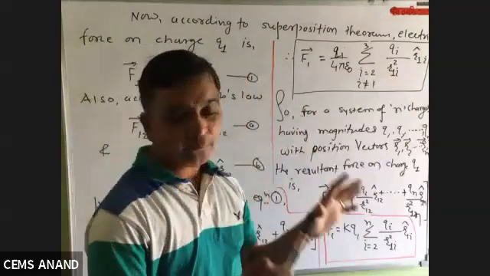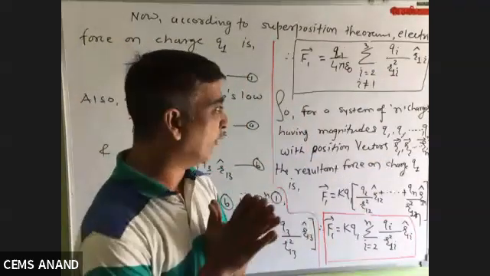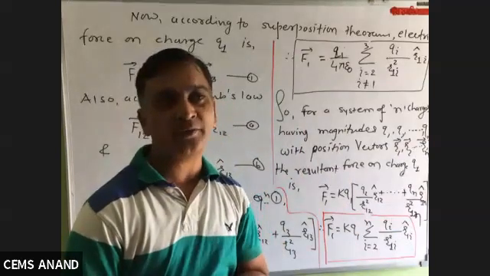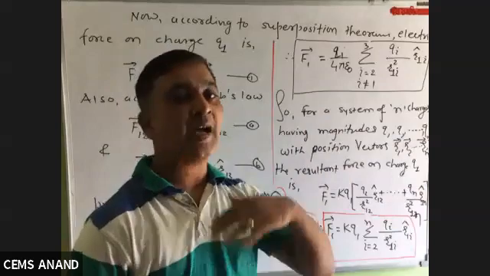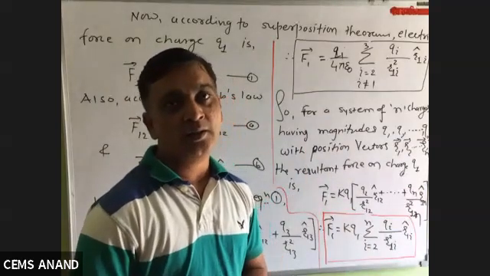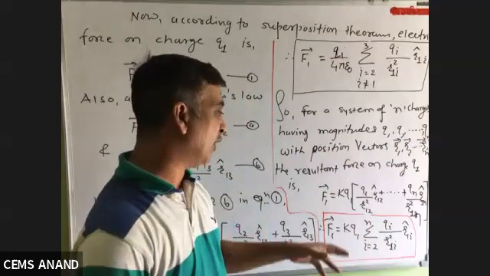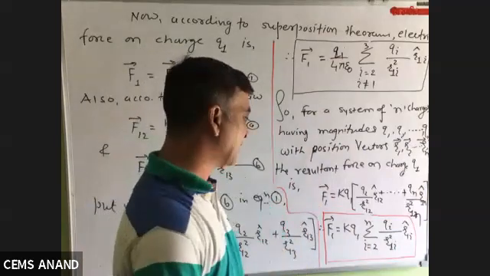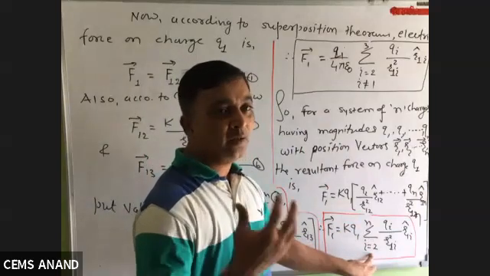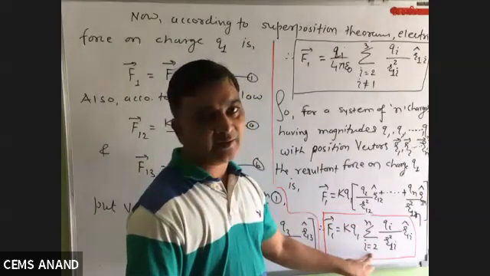Now, if we are given a system of small n charges with different magnitudes Q1 up to Qn and the respective position vectors R1 up to Rn, then we can write the total electrical force exerted on any one charge Q1 as F1 equals K Q1 sigma i equals, what are the numbers which can generate the force?